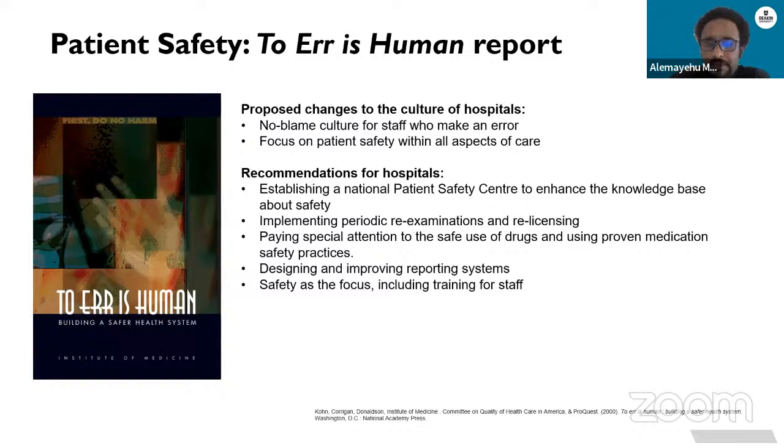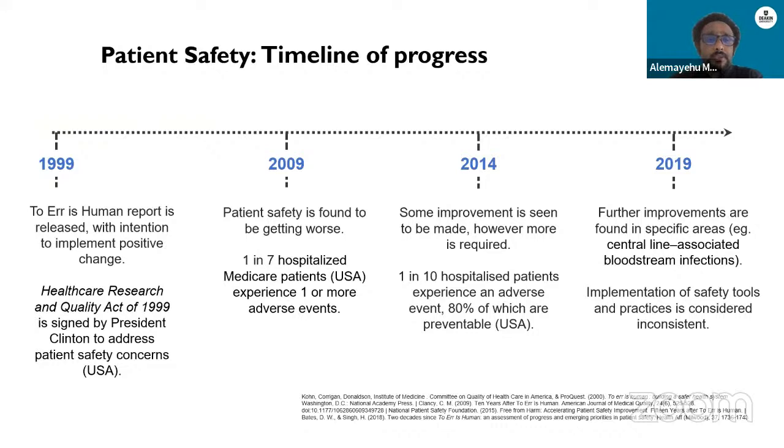Safety as a focus has got attention from this report onwards. As I've said, the first report that gave an impetus to safety initiatives worldwide is To Err Is Human. There have been a number of reports across the years, but surprisingly, they didn't show any decline or improvement in patient harm.